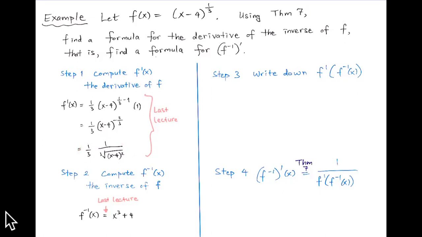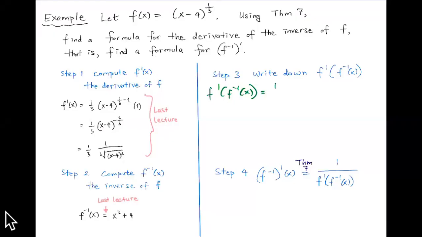Next, we compute a formula for the inverse function. We also did this in the last lecture. And now we will write down f prime of f inverse of x. So what I will do is put this into this formula.